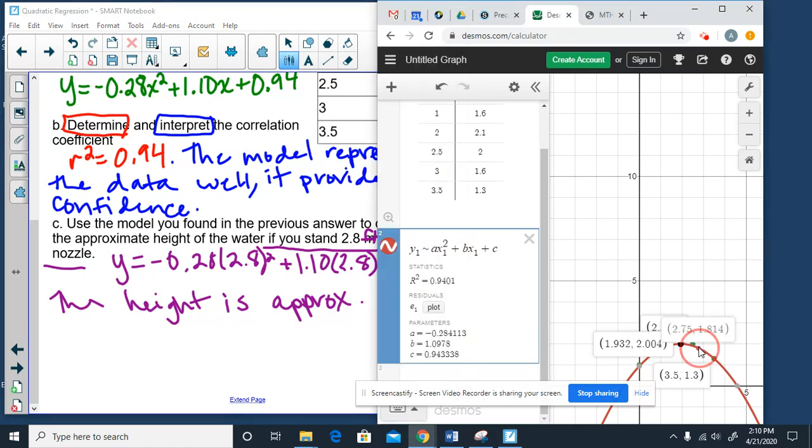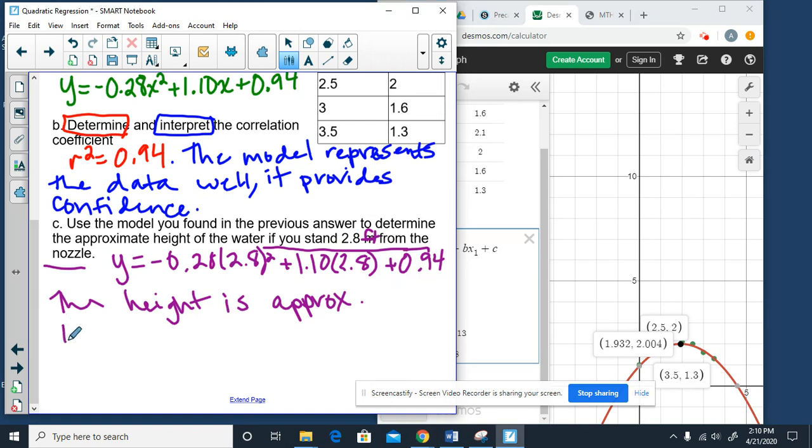So x is 2.8. About 1.79 is what you should get.